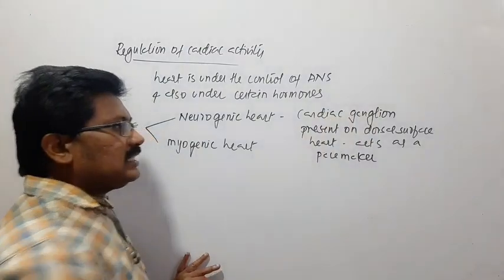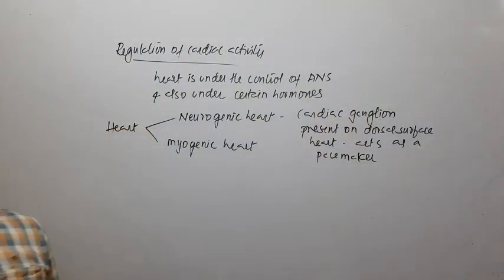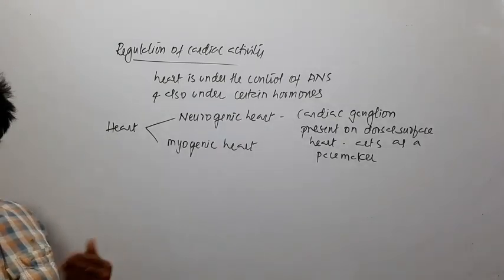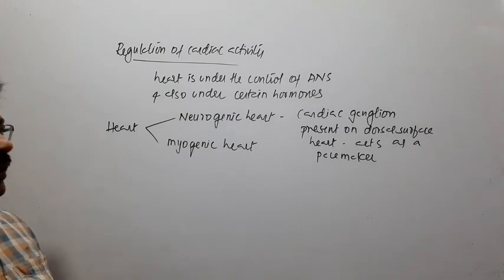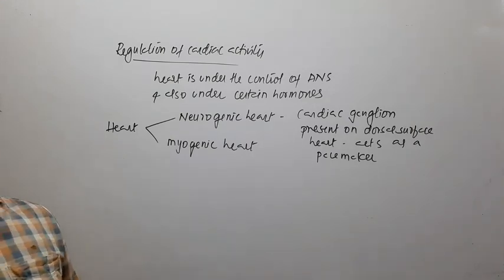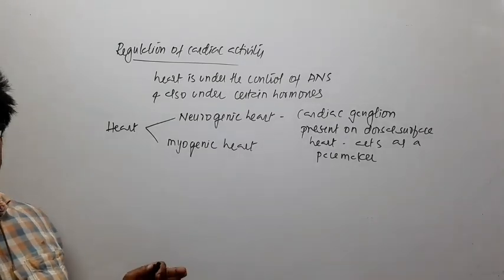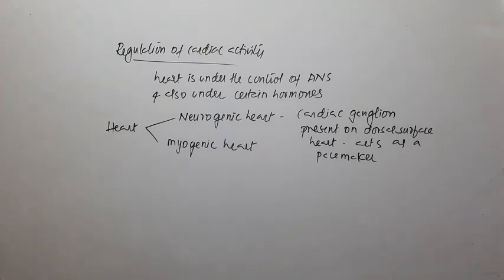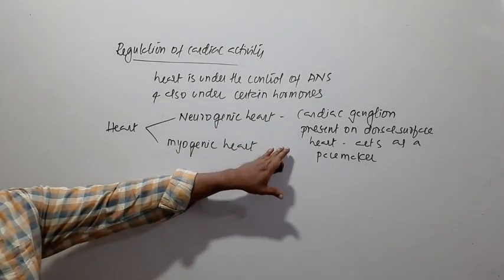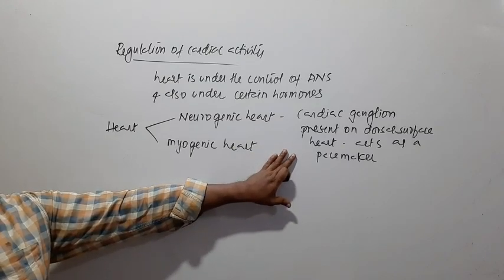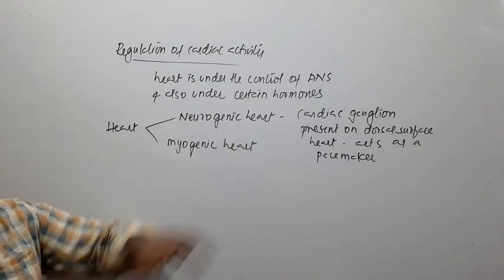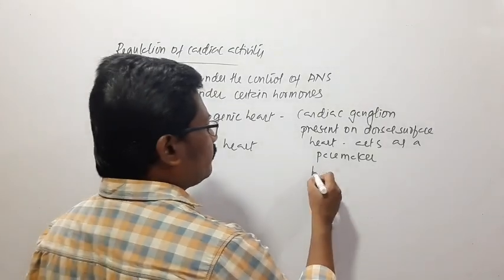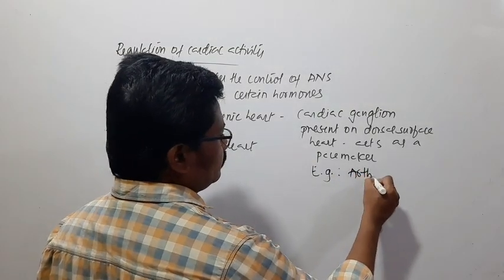A ganglion is a collection of nerve cells, present on the dorsal side of the heart, and that acts as a pacemaker. I can compare it with the SA node in human beings. The heart is directly controlled by these nerve cells, hence such hearts we call neurogenic hearts. Such hearts you will find in arthropods.